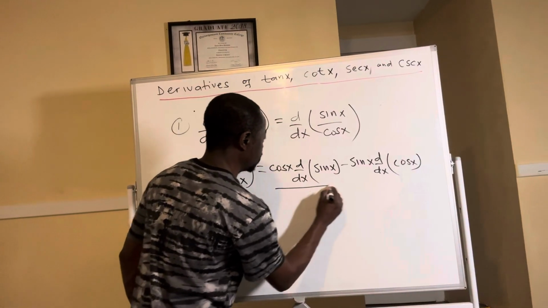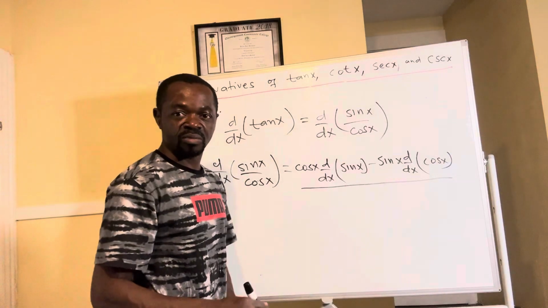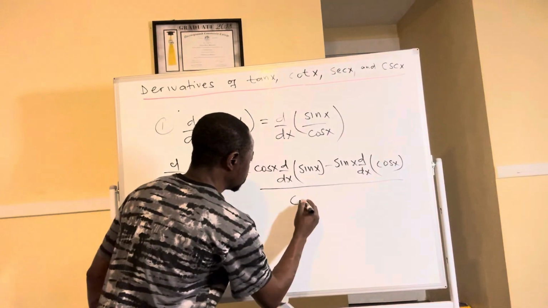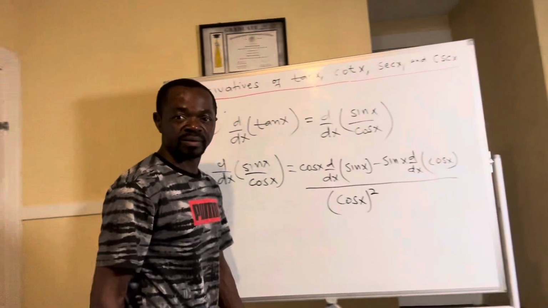All over, we square the guy at the bottom, which is cos x.